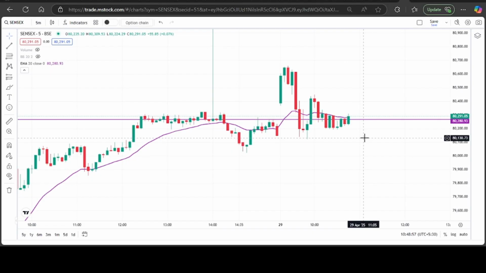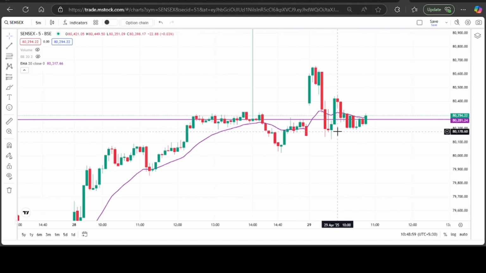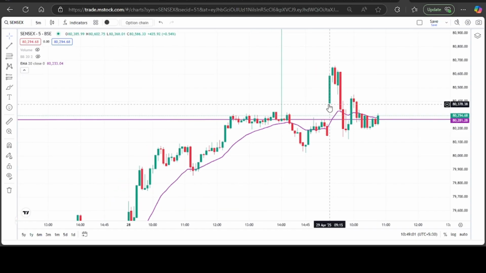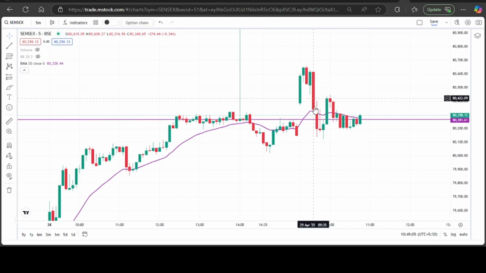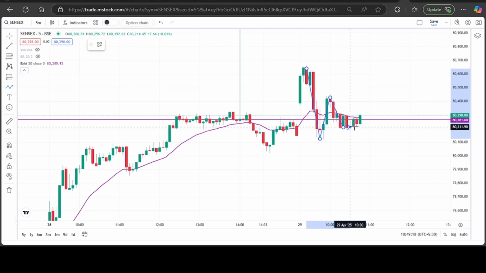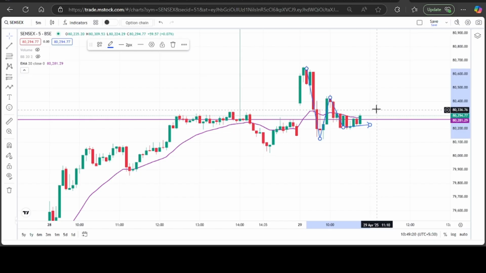Okay, so sharing an update again. This is how the market moved. It started from here. It started positive. It went negative. Then now this is a pullback. Let me show you the pullback. From here it went, from here it went, and now this is a pullback. Now it is going a little bit sideways.